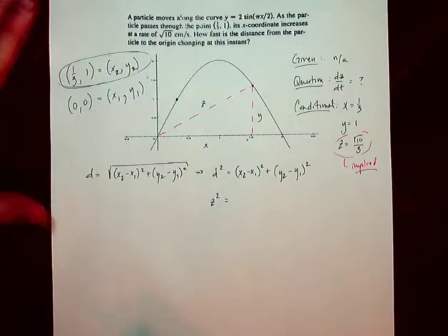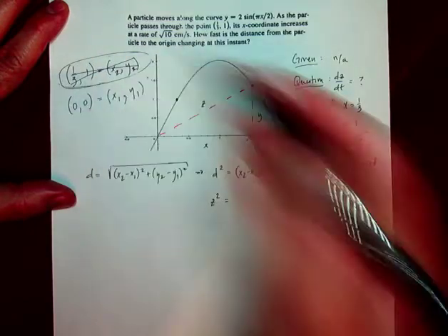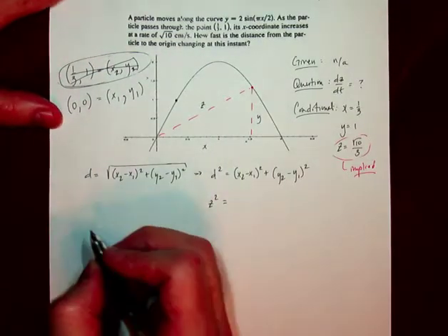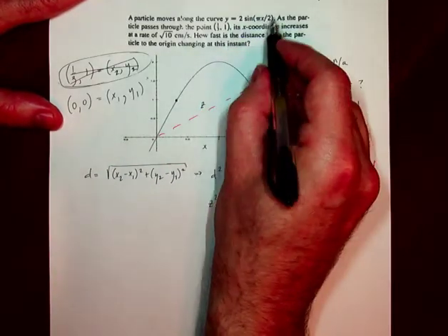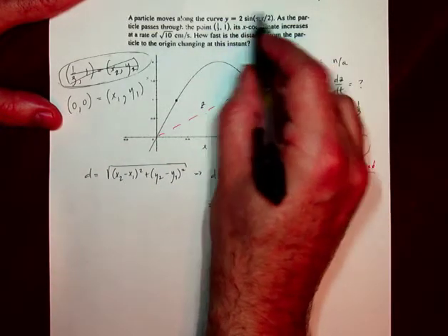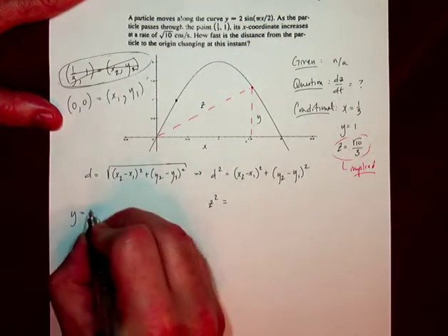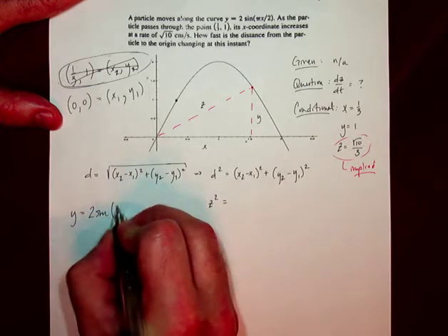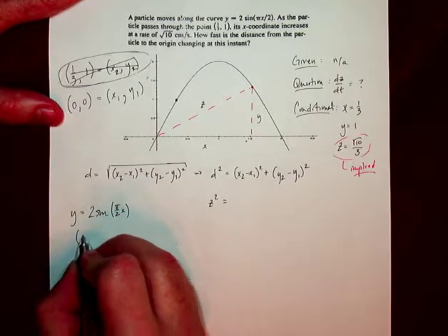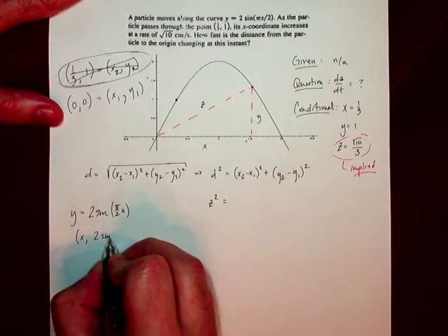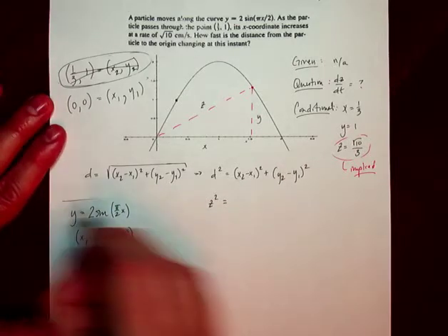I'm actually interested more in the general form of this right here. So we're not going to use this for x2, y2. For x2, y2, we're going to use the fact that anytime you have a y equals, this can double as the y-coordinate. So y equals 2 sine(pi over 2 x) is basically another way of saying (x, 2 sine(pi over 2 x)). All of the ordered pairs are of this form.